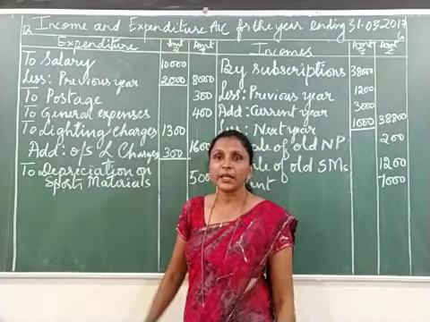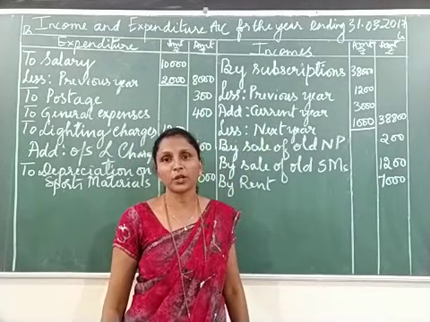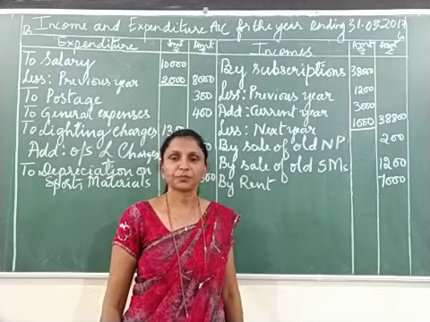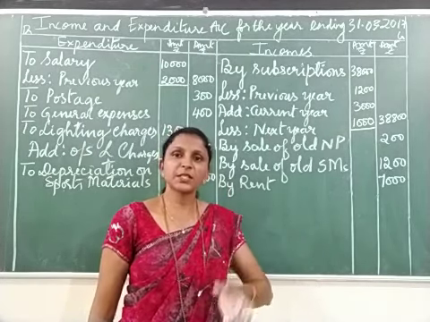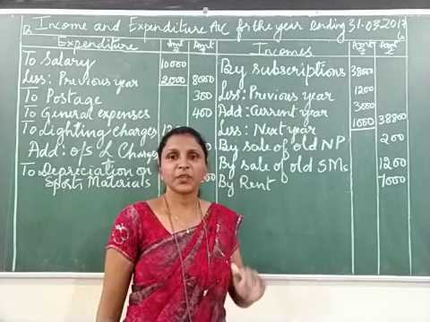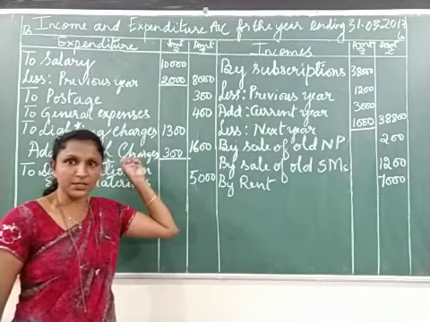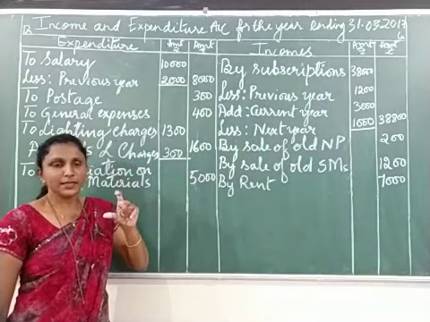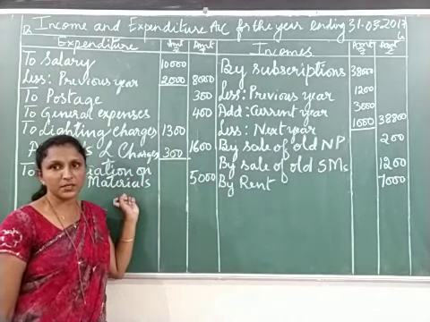We said income and expenditure account is prepared to find out surplus or deficit. You remember? Surplus means positive balance. Deficit means negative balance. Okay. When we get surplus, if the income side total is more than the expenditure side, the balance, income minus expenses, the balance is surplus.